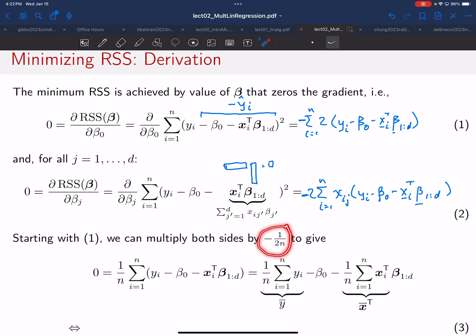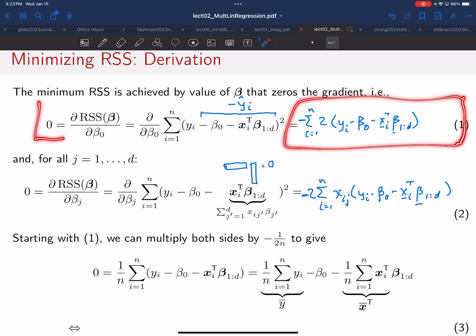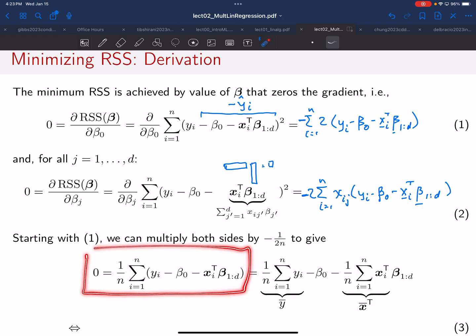That won't change the left side, but it will get rid of the minus and the 2, and put a 1 over n there. Then what remains will start to look like the statistics we're used to seeing. So we start with this equation, multiply both sides by minus 1 over 2n, and that gives us this, where we have this 1 over n here.